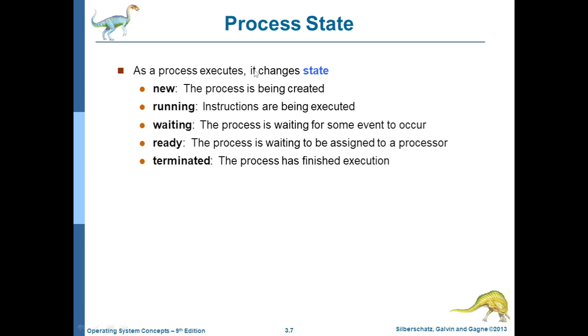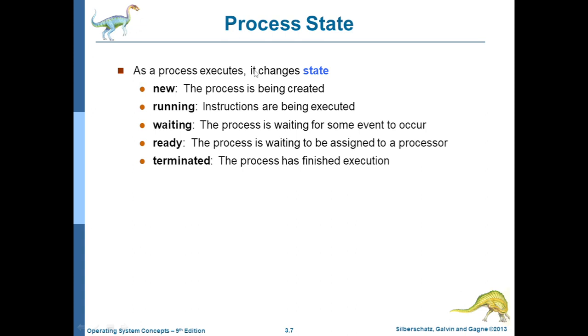What are the states of a process? A process can be new, meaning the process is being created now. A process is running, meaning the instructions in that process are executing. A process is waiting inside the main memory for a certain event to occur before it starts executing.